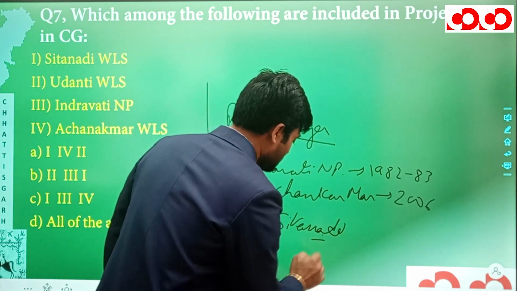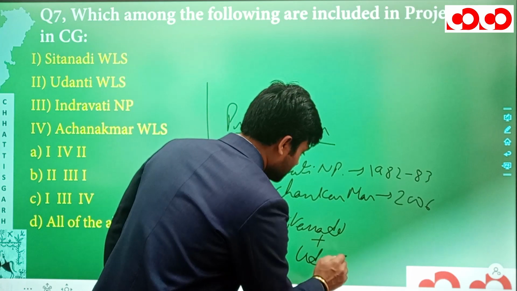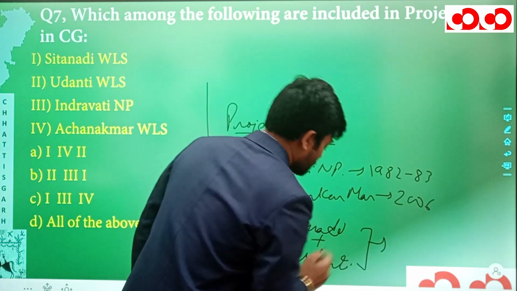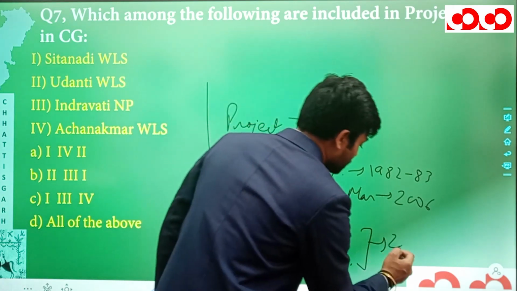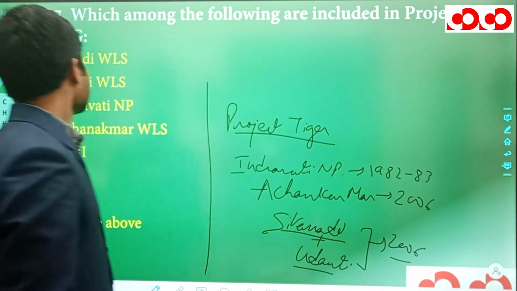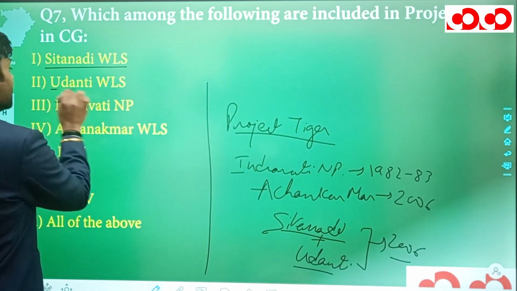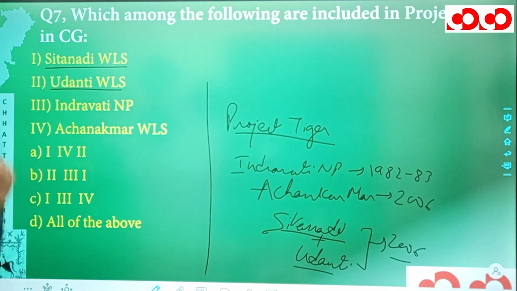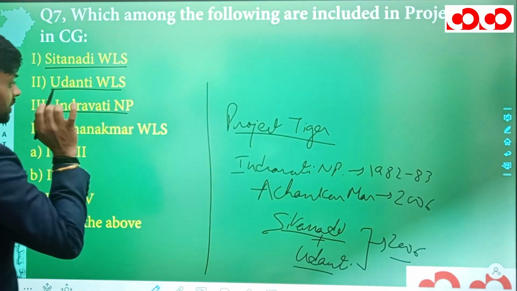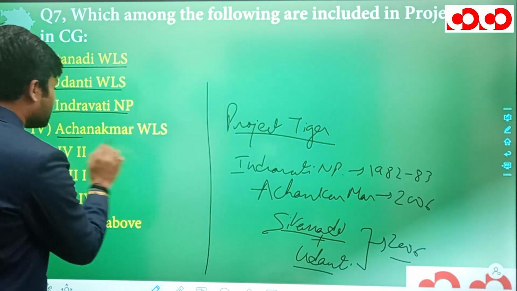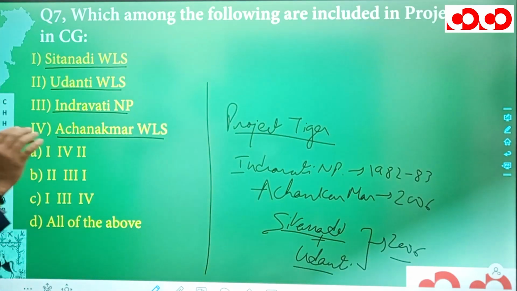Sita Nadi Udanti jointly, they were both included in the year 2006. So we know Sita Nadi and Udanti jointly in 2006, Indravati in 1982-83 and Achanakmar once again in 2006.